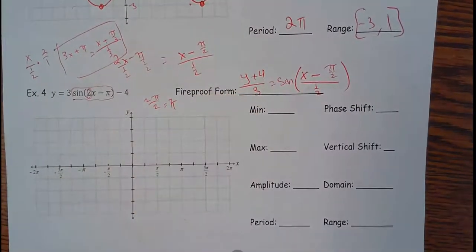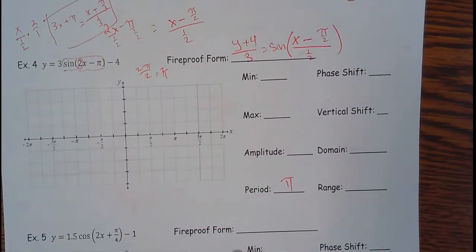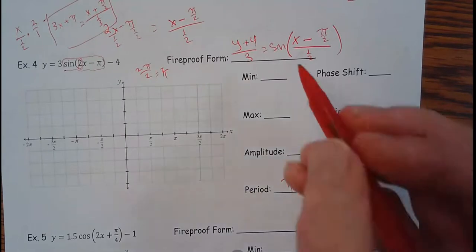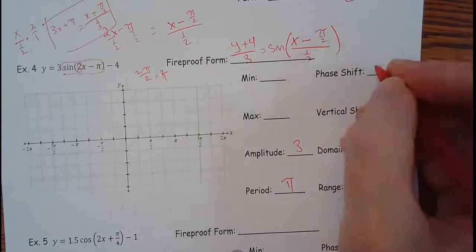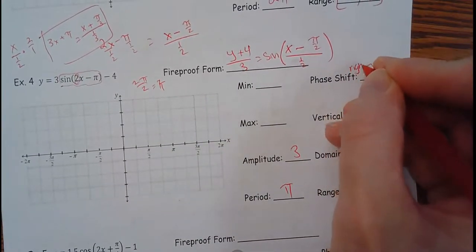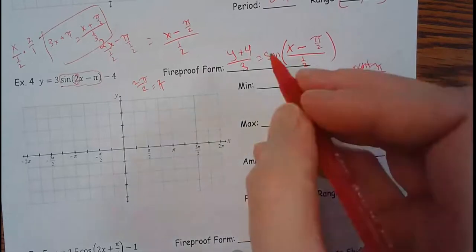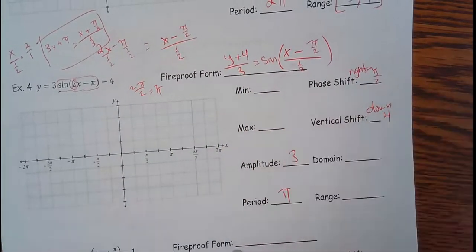So both of those things are saying that the period is pi now. Okay, so we've got a period of pi, an amplitude of 3, a phase shift of pi over 2, so that's to the right, and a vertical shift of -4, so down 4.